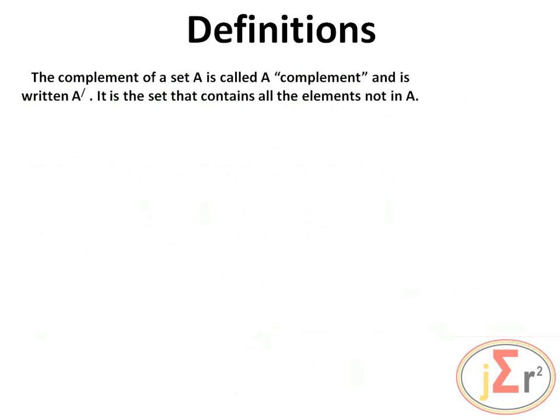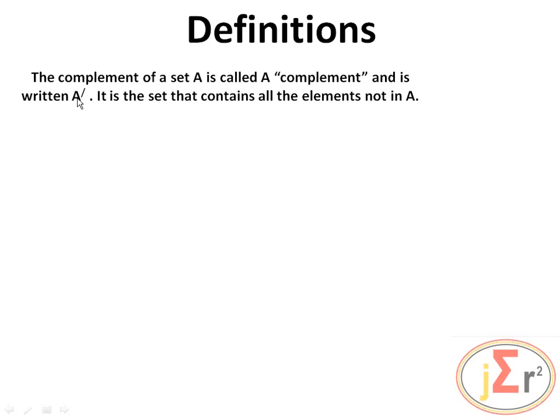The complement of a set A is called A complement and is written A with, should have been a shorter slash, but we are in the computer world. We have to make use of the one that we have.